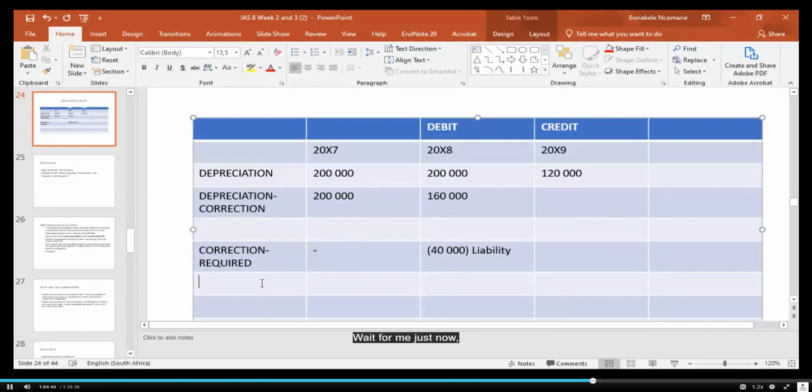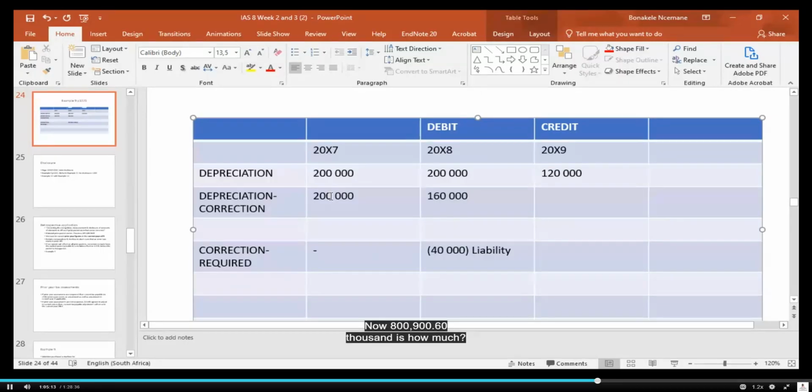And wait for me just now. Let's finish the 20X9 correction, and then I will do a journal that will clarify what I'm saying to you. What would have been the correct depreciation for 20X9? First of all, 1 million minus 200,000, you get 800,000.